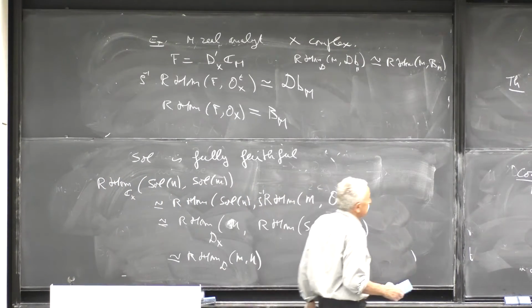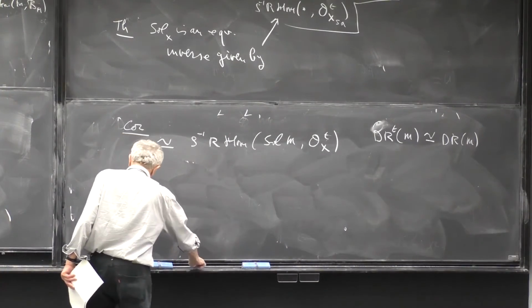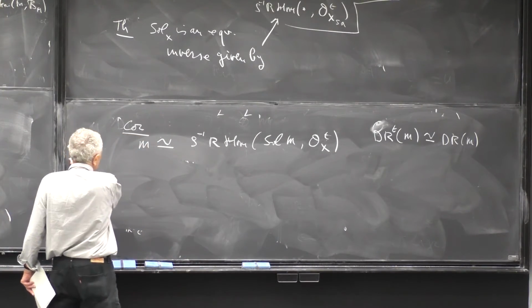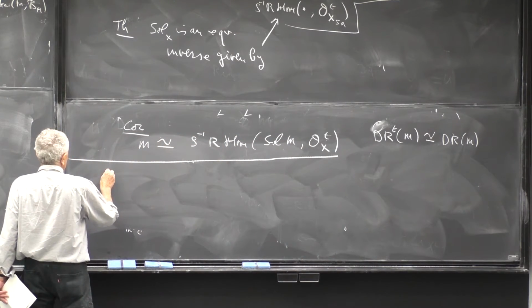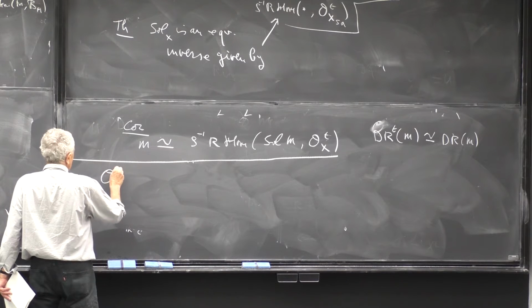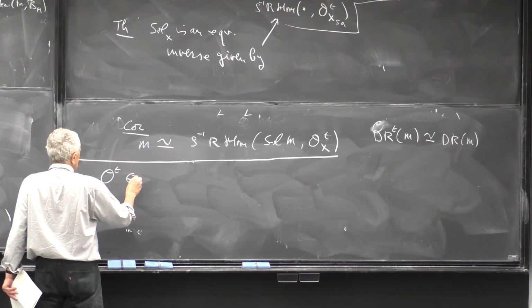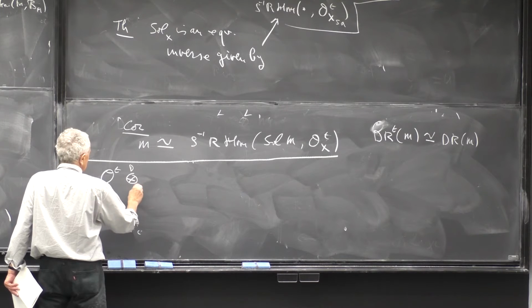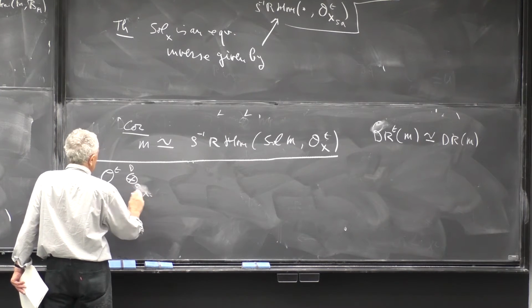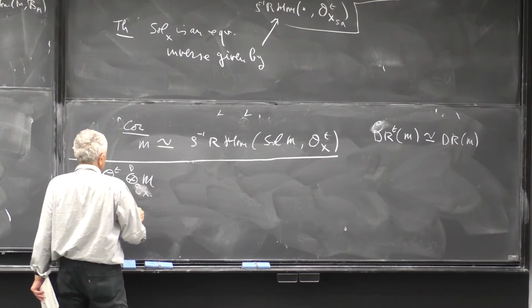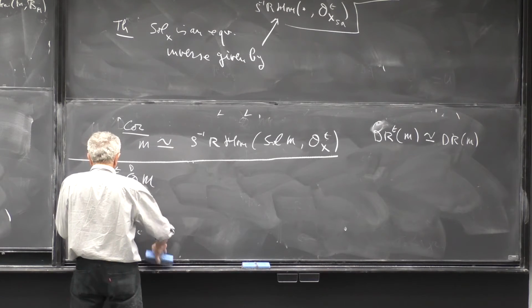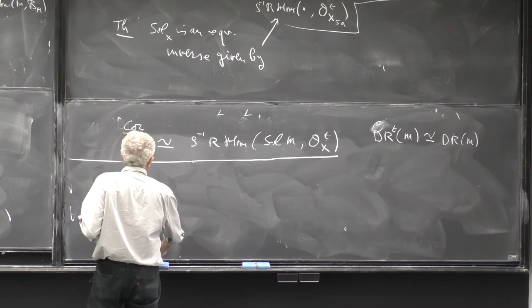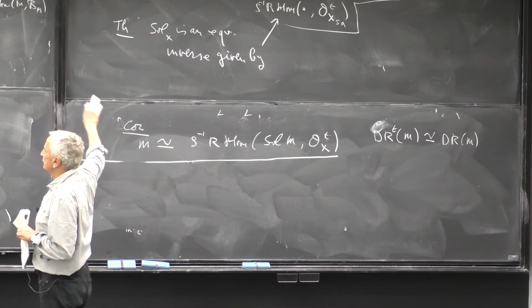Because I forgot to say something that I should have said from the beginning, that you can define OT tensor dm. Okay, I quit that. Okay, so full faithfulness follows.